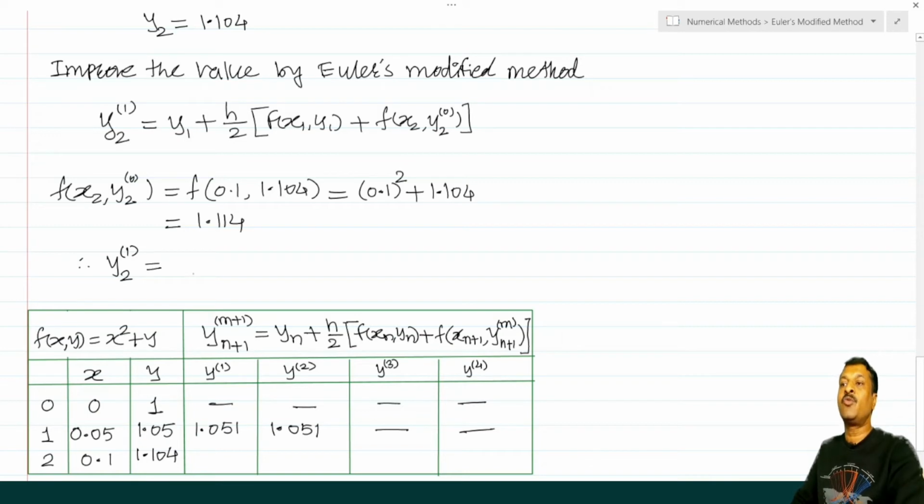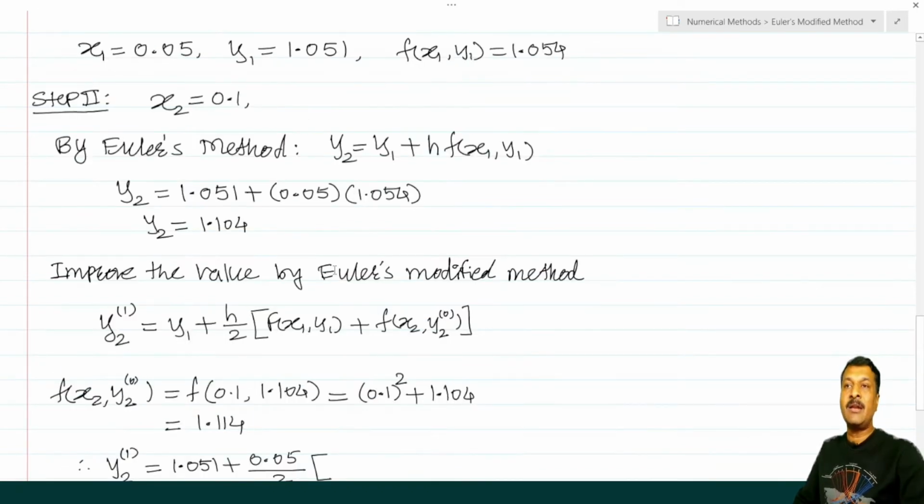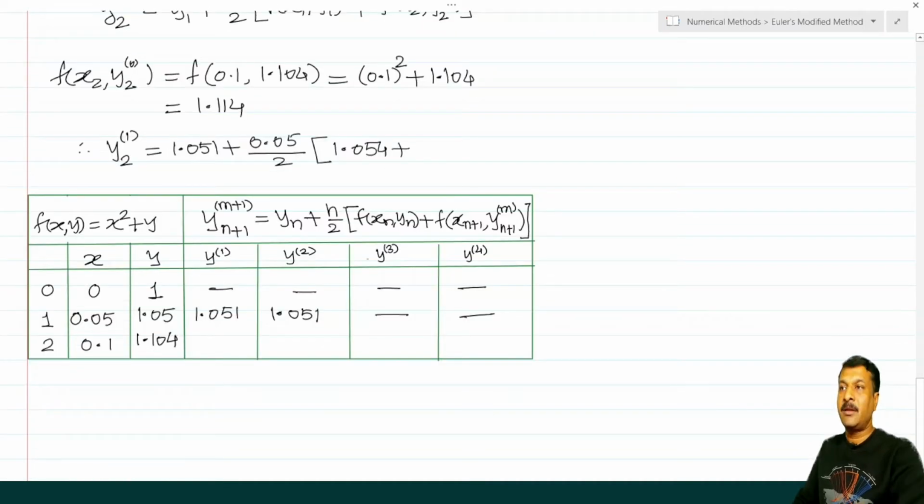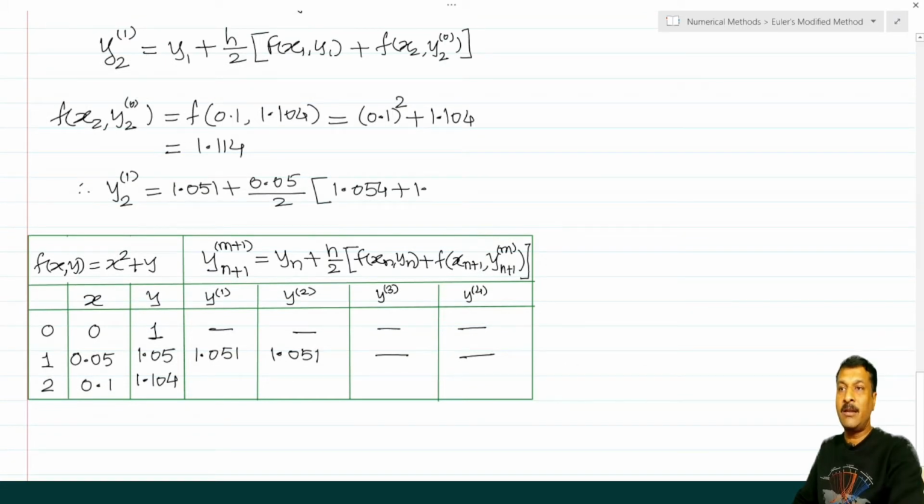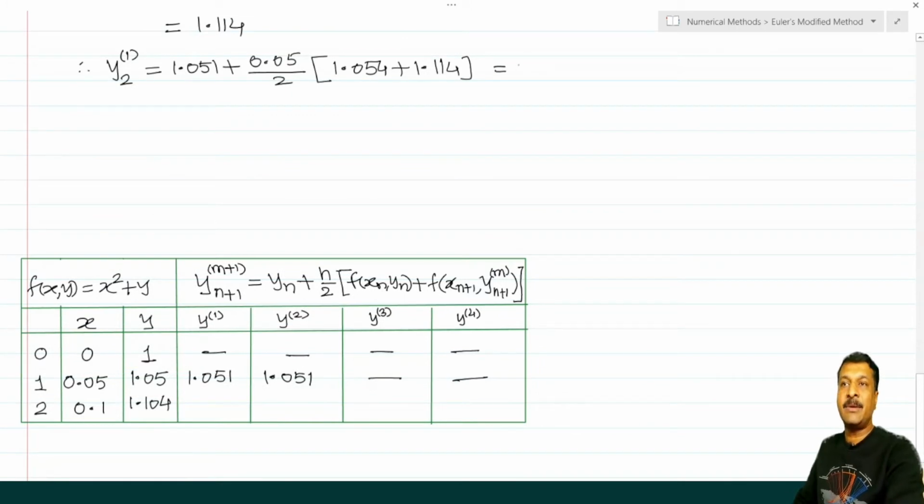And therefore I am able to find the improved value of y2, that is equal to y1. So what is this y1? Y1 means this row. So the improved, final value of y1 is this one. So I am getting 1.051 plus h by 2, 0.05 by 2, f of x1 y1, it is 1.054, plus f of x2 y2 with the new value, it is nothing but 1.114. So find this value. You can write directly, but I will solve here stepwise.